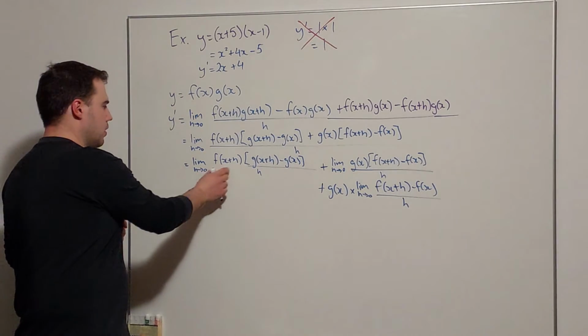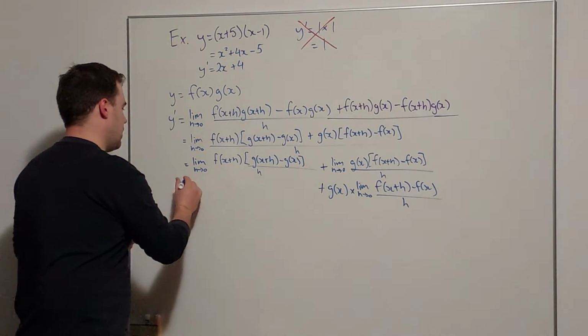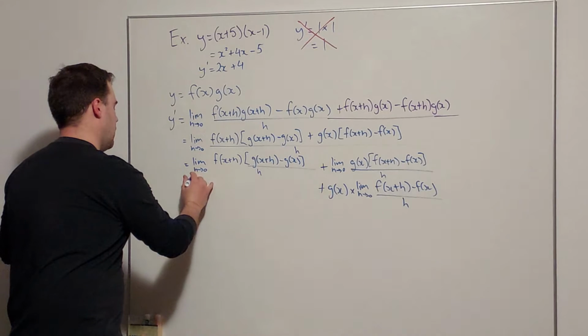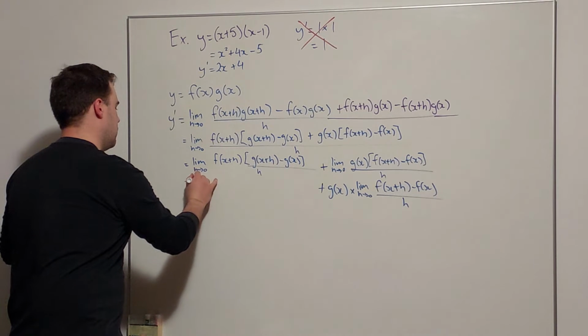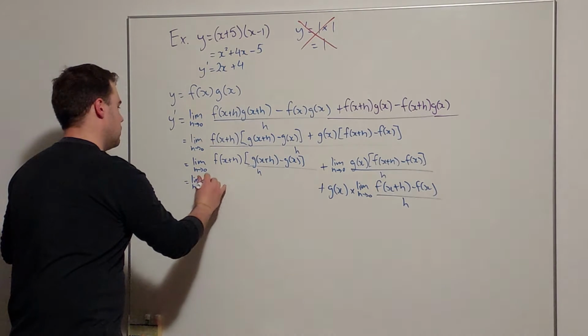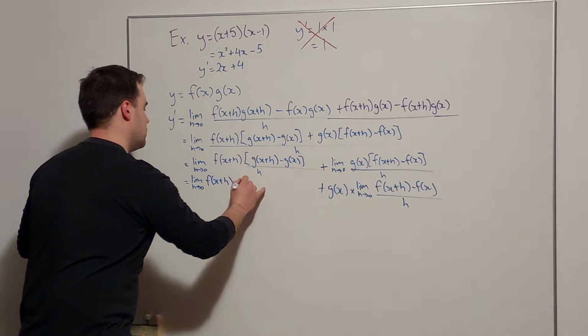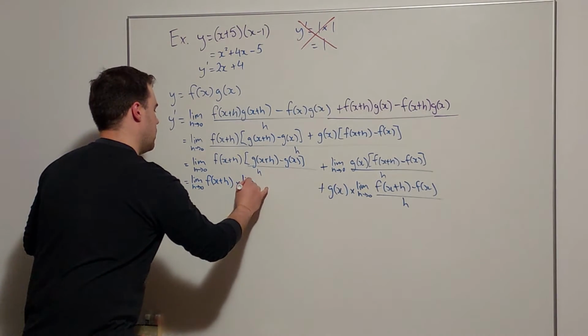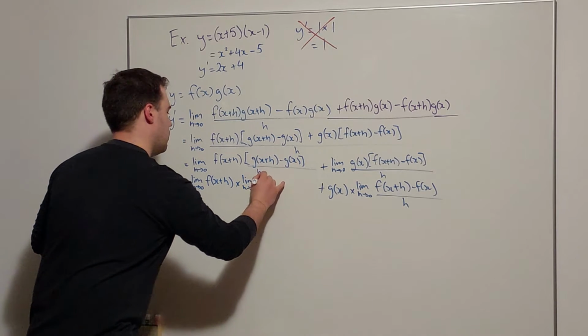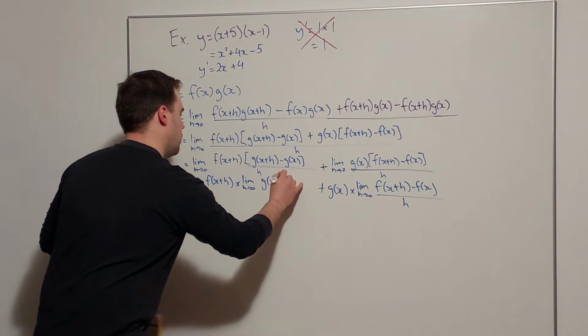So the limit of that times that is the same as the product of the limits. So we could break this out as the limit as h goes to 0 of f of x plus h times the limit as h goes to 0 of this.